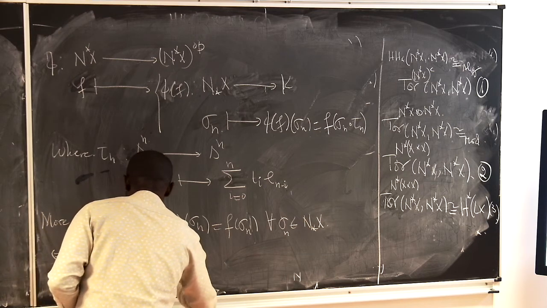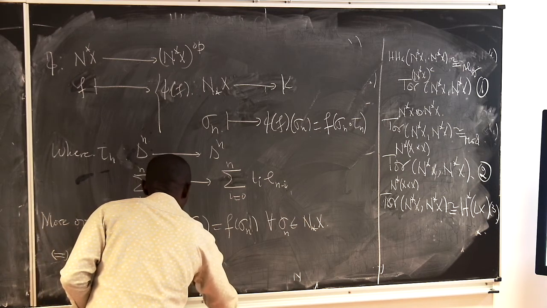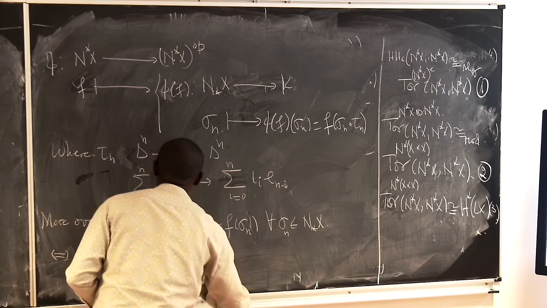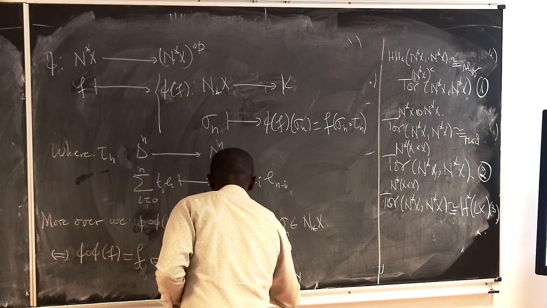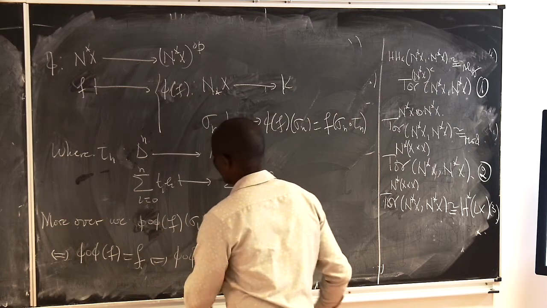That is, Phi composite by itself equals the identity of our N star here. Means that our Phi is a bijection.